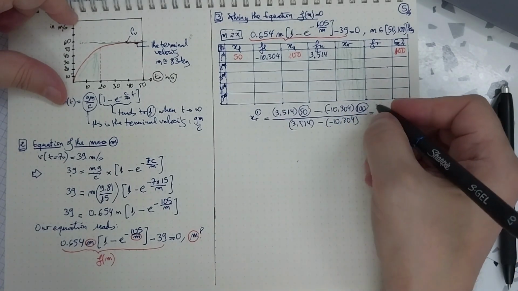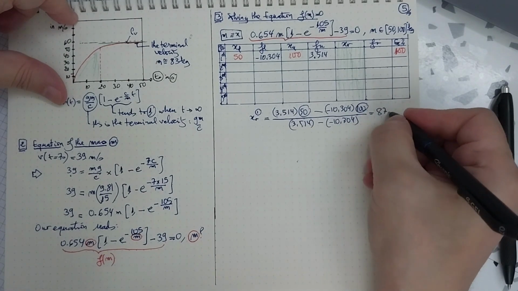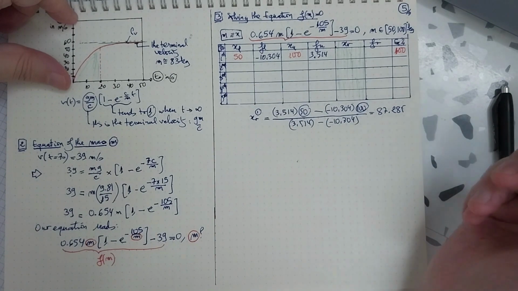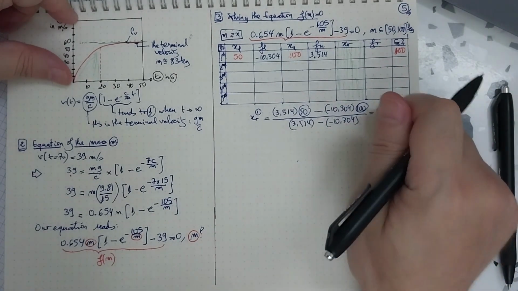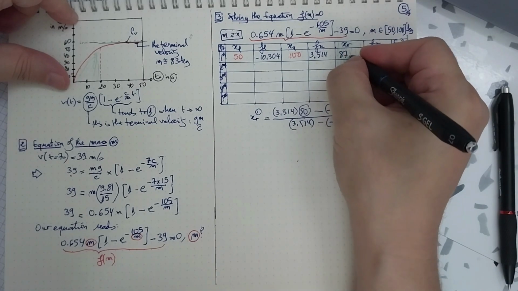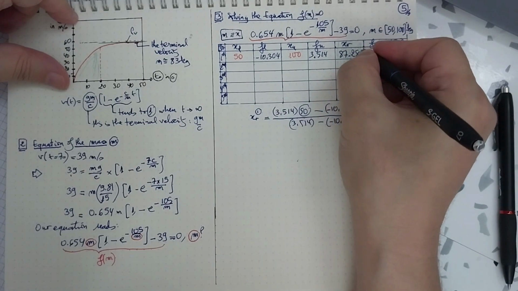And we get the value 87.285. You can practice with me with the calculator if you want. I take this value and report it here, 87.285.